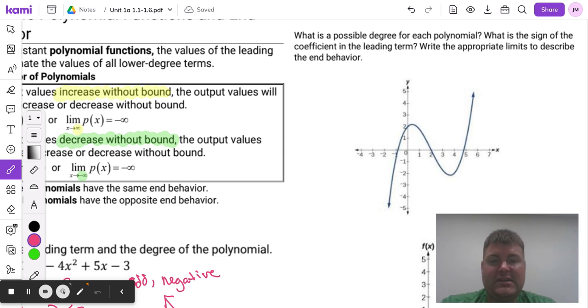We don't necessarily know if those are cuts. You can look at it and say they look like cuts, and I'm going to argue yes, but maybe there's a little bit of a flattening in there. We don't necessarily know because we're not given the exact properties of this graph other than looking at it. We also don't know if there are any imaginary roots in there. Imaginary roots don't show up at all on a graph.